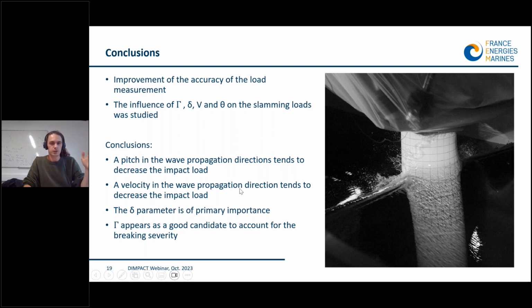Similarly, a velocity in the wave propagation direction tends to decrease the impact load. We also observed that the delta parameter is of primary importance on the impact load, and that the gamma parameter appears to be a good candidate to account for the breaking severity of the wave.